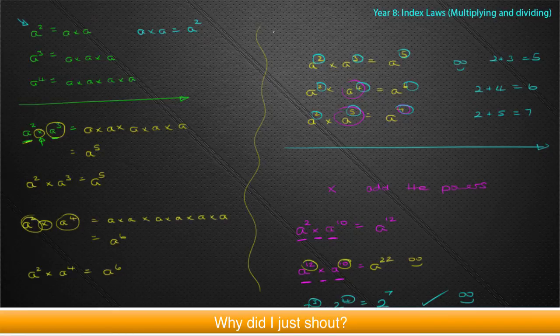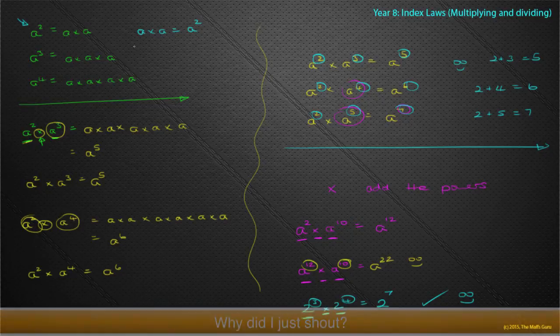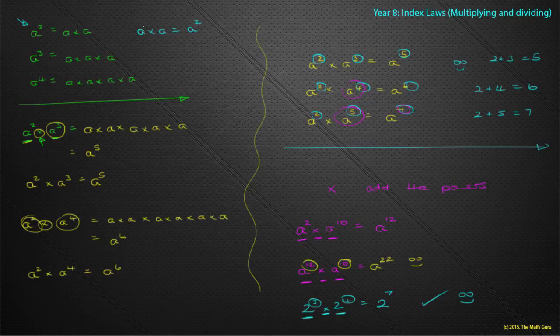Generally, if there's not a number, it's a floaty 1. And let's just check. Does the rule work? Is there a times? Yes. Are the bases the same? Yes. So I add the numbers together, and 1 plus 1 gives me 2. It works brilliantly. And again, look, 1, 2, 3, 1, 2, 3, 4 if I put my floaty numbers in.